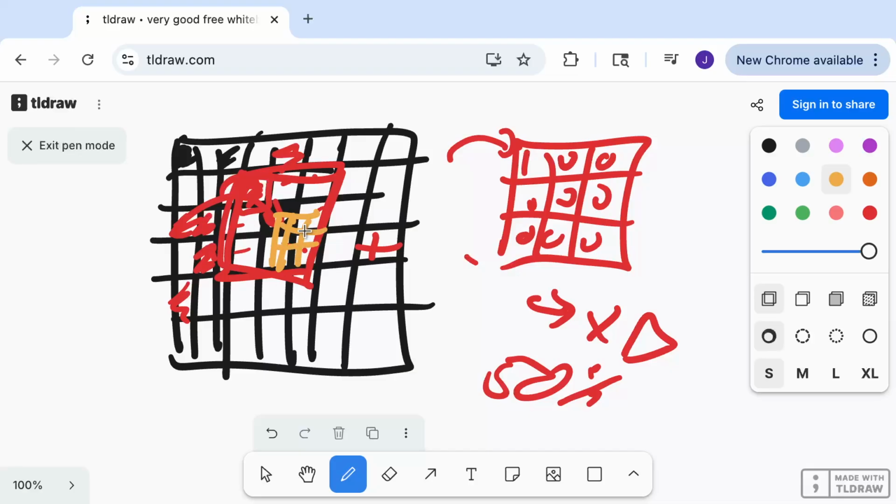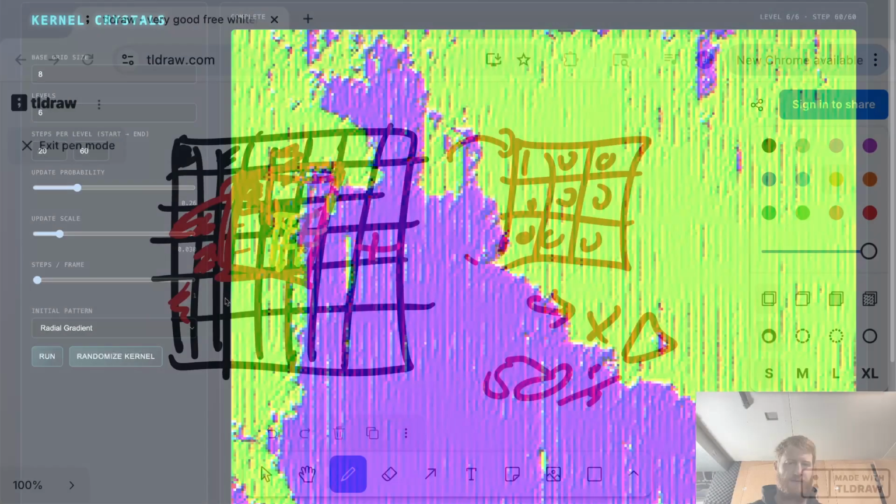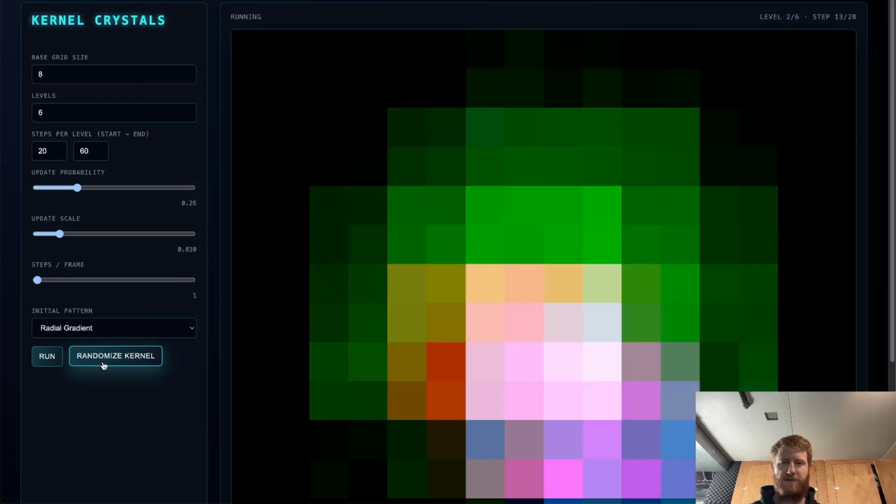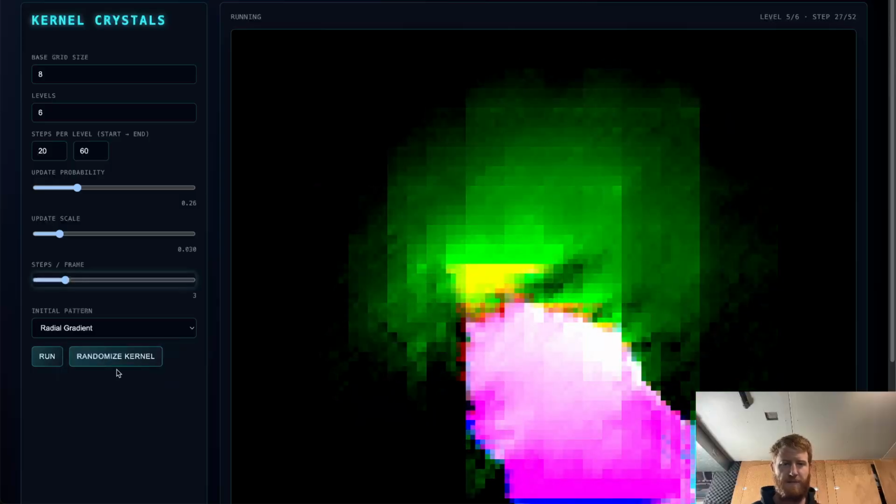So you get this multi-scale detail, these multi-resolution patterns, and that, in my opinion, leads to some of these really beautiful and interesting emergent pretty patterns. Anyway, that's the core idea.